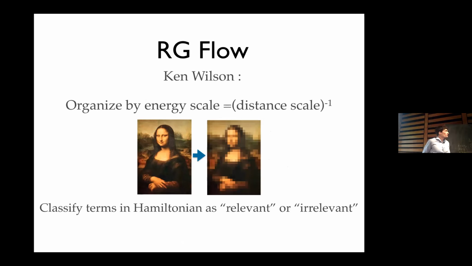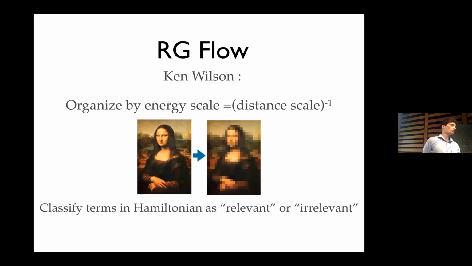What Ken Wilson taught us is that the way to think about quantum field theory is to organize it by energy scale. This is how you should think about quantum field theory. It's sort of the cartoon of you look at a picture and you coarse grain it, and you ask what happens as you coarse grain it. In particular, you should ask what happens to the theory as you change the energy scale that you're looking at. And for all interactions you should ask, are they relevant?